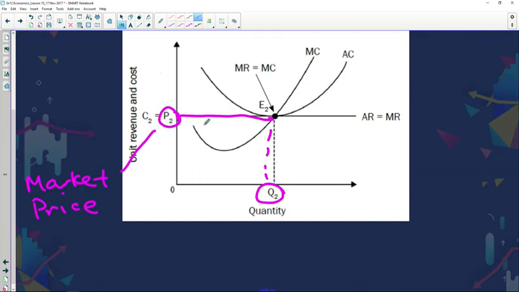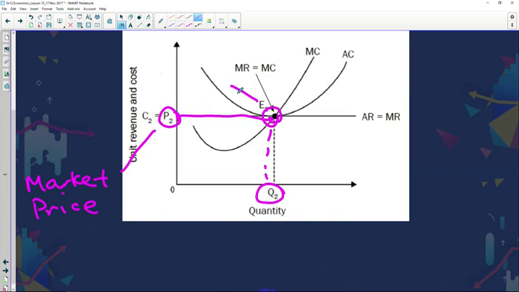So a firm is able to cover all its costs here, and we call that a break-even point. So E2 will be our break-even point where we are covering all our costs. We may not have made a profit, but also we've not incurred a loss. So we call this a point where we break even.